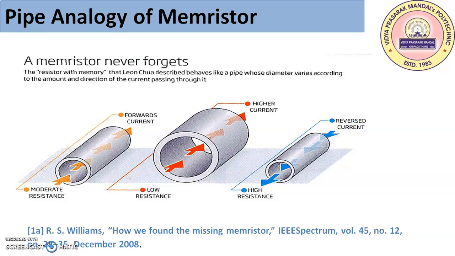From this slide, as stated here, we understand a memristor never forgets. The resistor with memory that Leon Chua described behaves like a pipe whose diameter varies according to the amount and direction of the current passing through it.